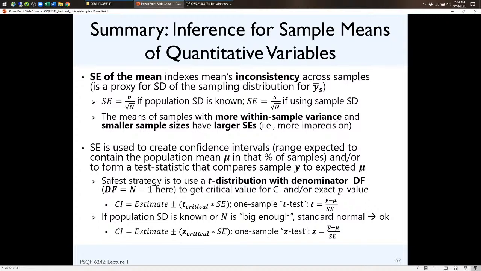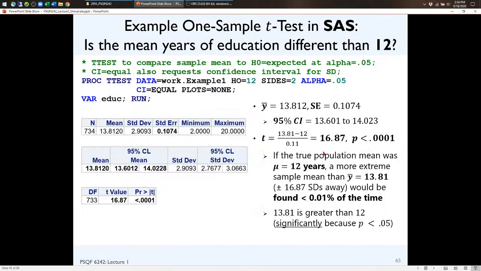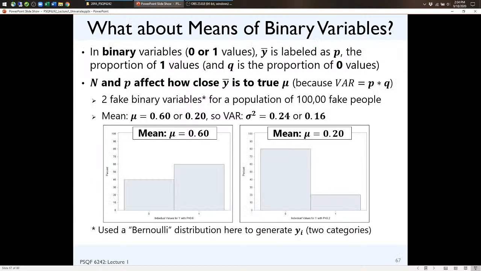And I wanted to give you some additional cases related to this where we would use the standard error of a statistic to make claims about the sample relative to some expected population. So after this slide, we looked at examples using twinning effects of how this process would play out in research. Then I showed you the SAS and the Stata code, and here's where we're picking up with new material.